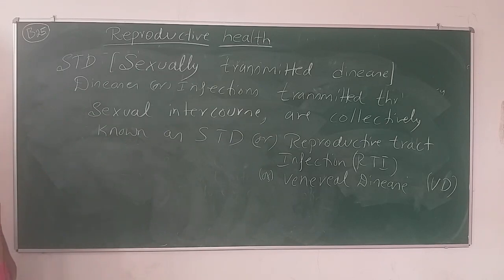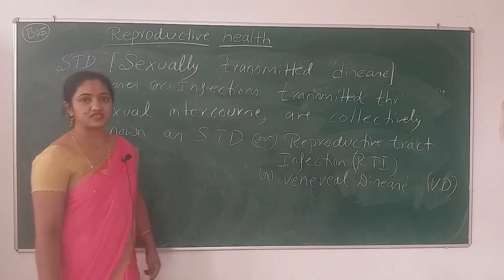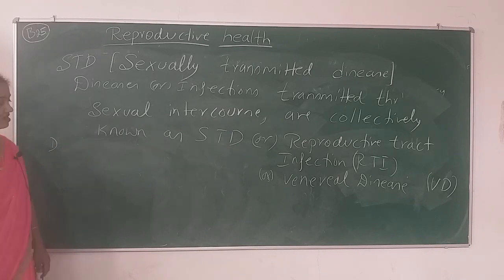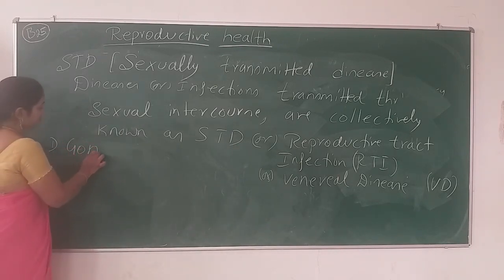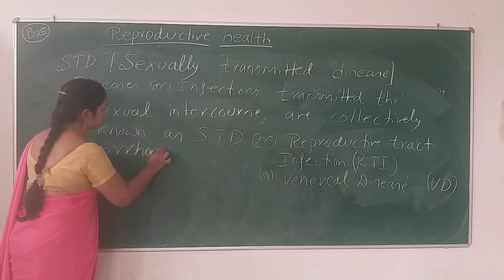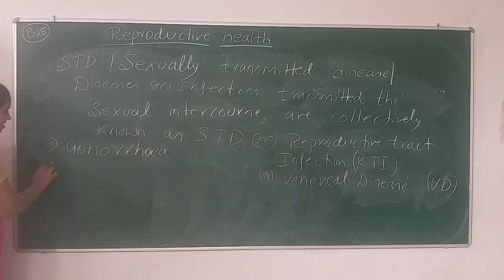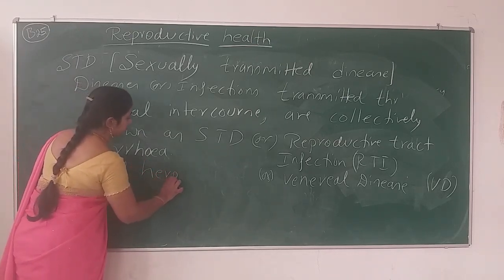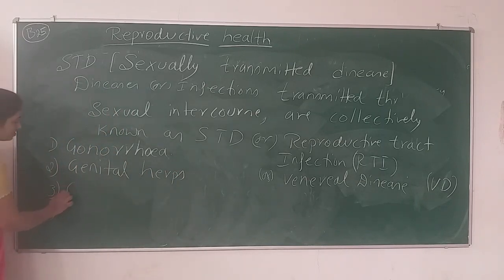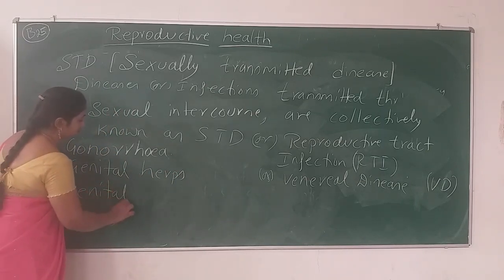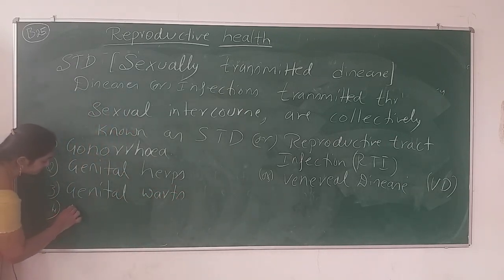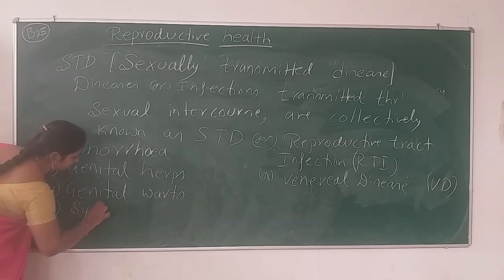We'll list the sexually transmitted diseases now. The very first disease is gonorrhea. The second one is genital herpes. The third is genital warts. The fourth one is syphilis.